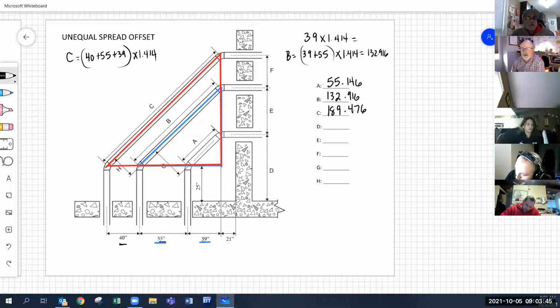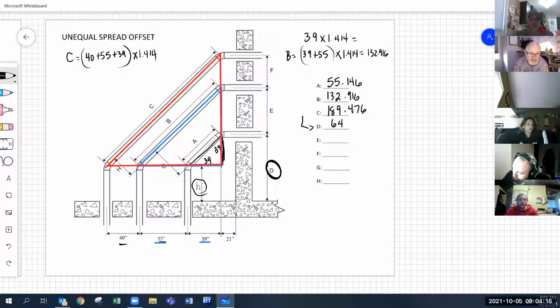Now I have D to solve here, and you can see the measurement D is right there. So I have this measurement of 25. And if this is 39, then this piece has to be 39 on this right angle triangle. So D is equal to 39 plus 25. So this is 39 and this is 25.